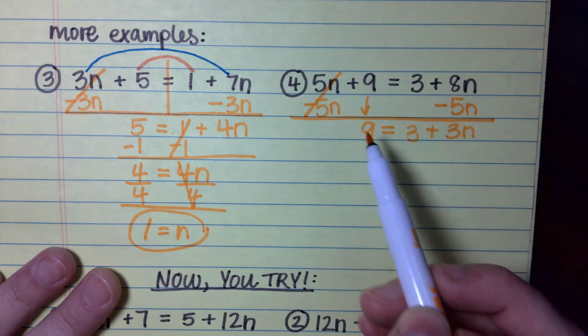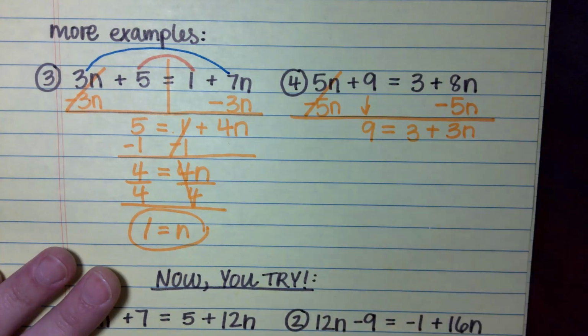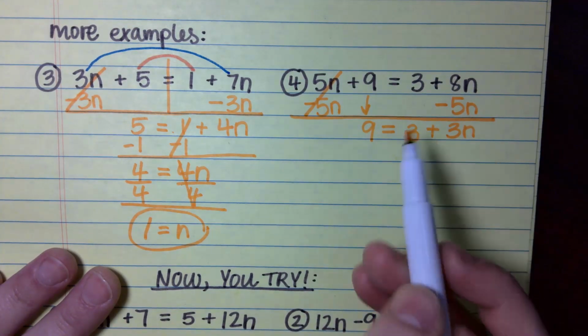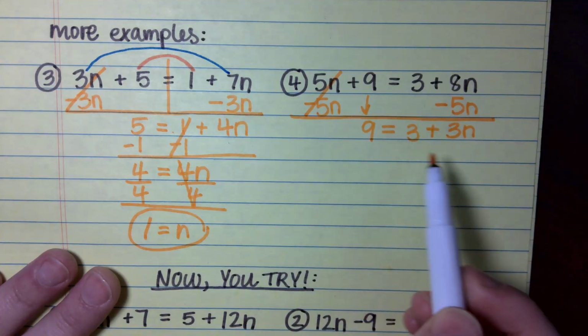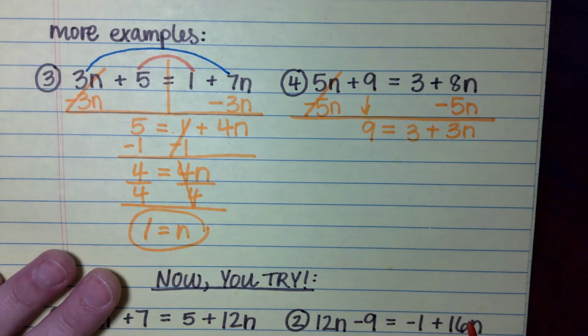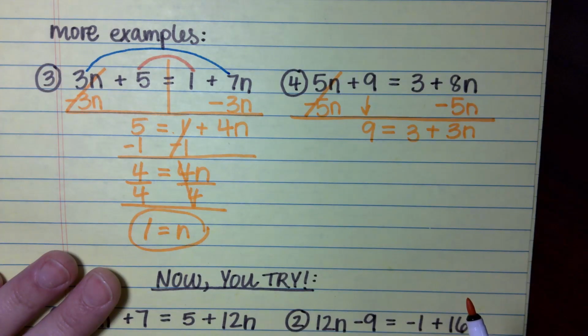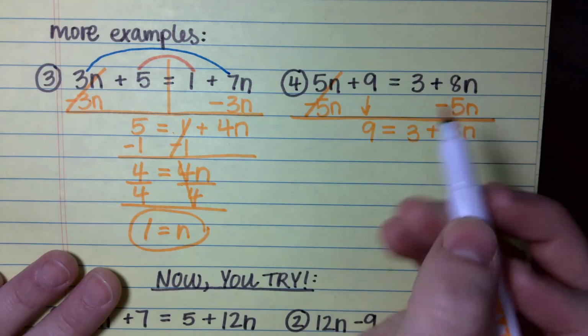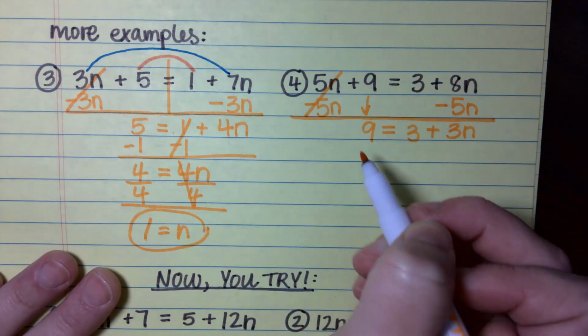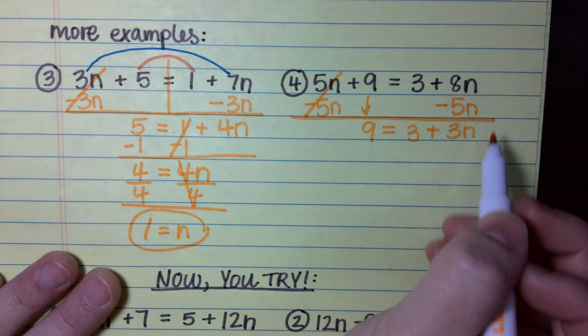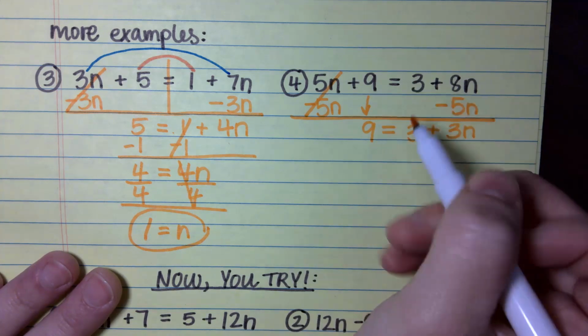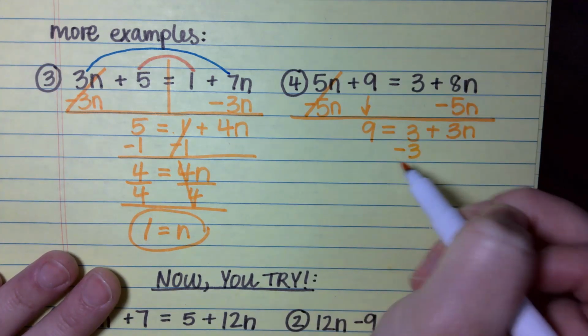So now that we're here, I want to know what your thoughts are telling you, Rhonda. What are you thinking at this point now? We're gonna subtract 3. Yes, exactly. That's perfect. If we bring 3 over here, now I've got my n by itself. So let's do that. Minus 3 on both sides.